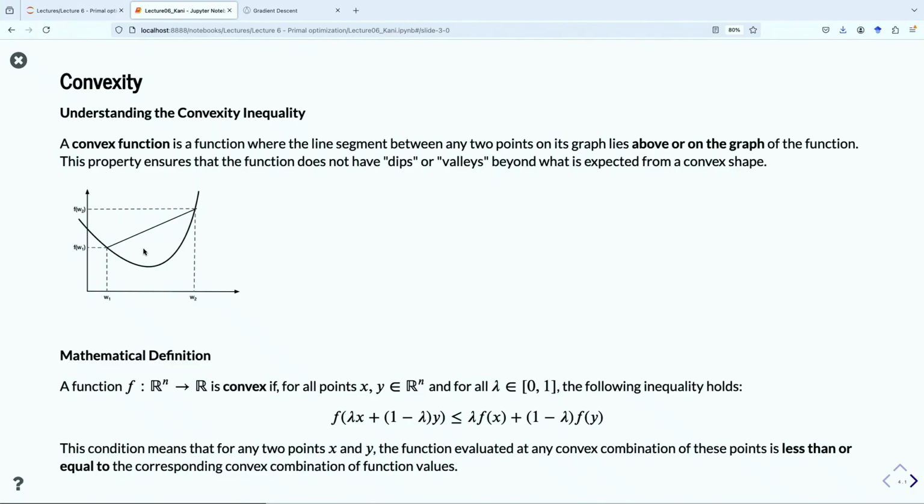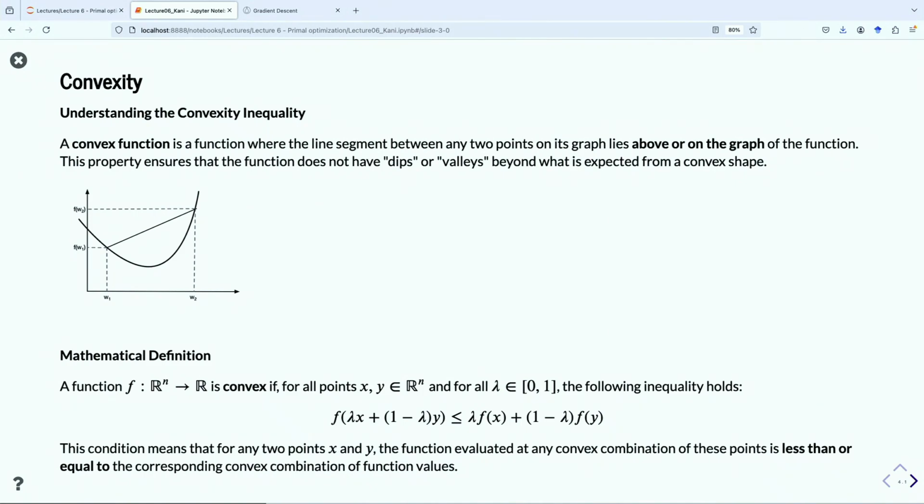It's saying that if you draw a straight line between these 2 points, and then you take a point from this straight line, that's what this side is saying. It's saying that this has to be greater than that point for the actual function, the output of that actual function. Right? Yes? Do we know the value of lambda? It's for any value of lambda.